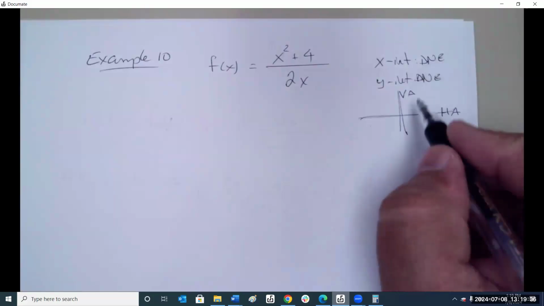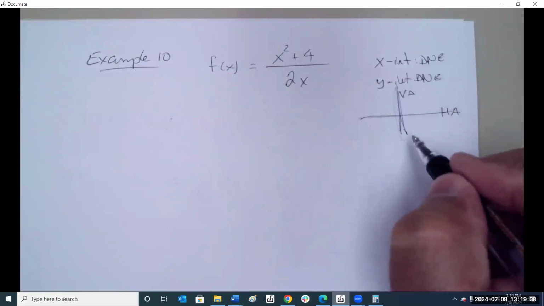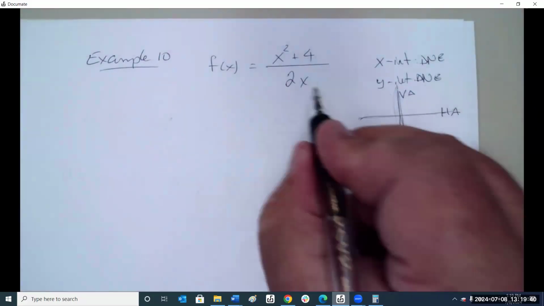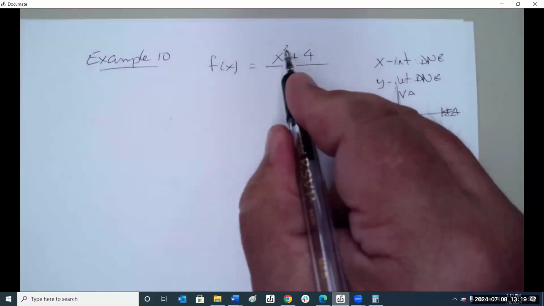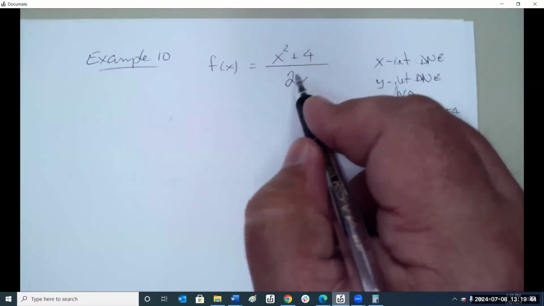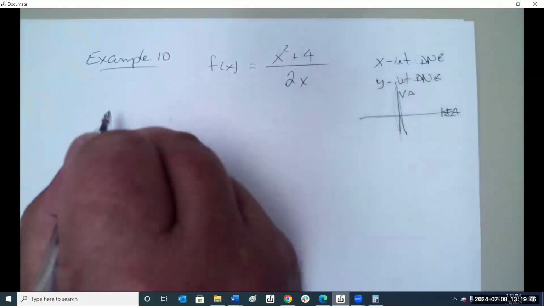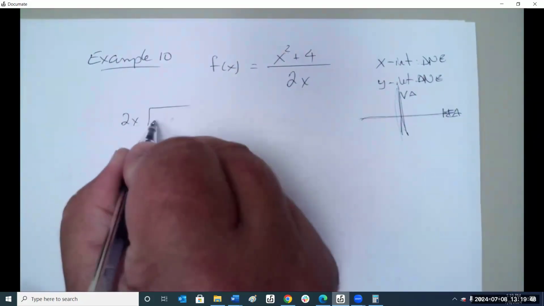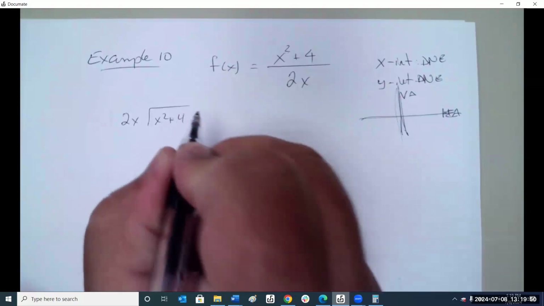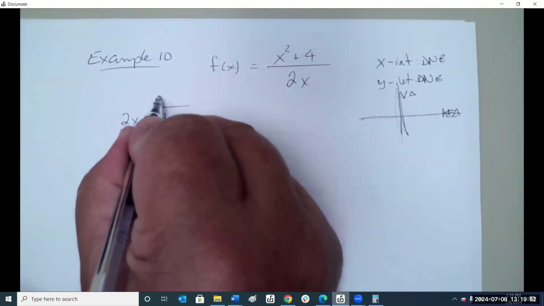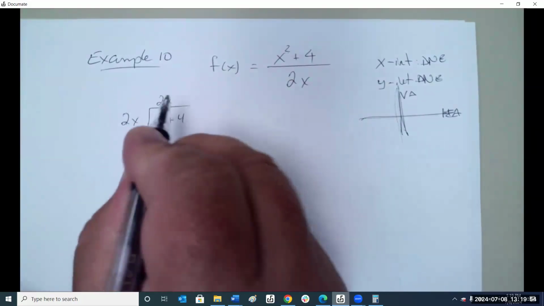I had a vertical asymptote at 0. And there is no horizontal asymptote because there's more on top. But we have a slant asymptote to x.